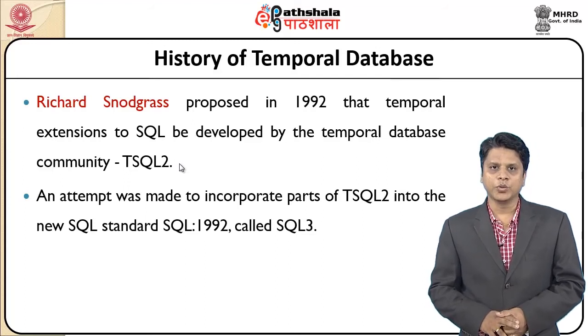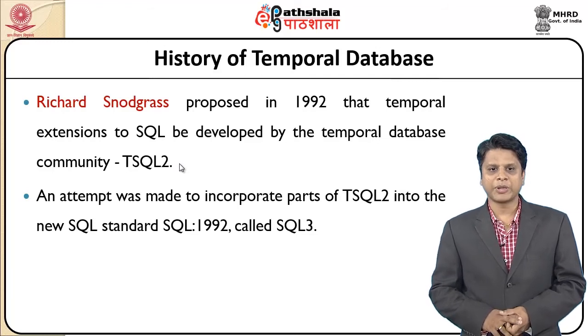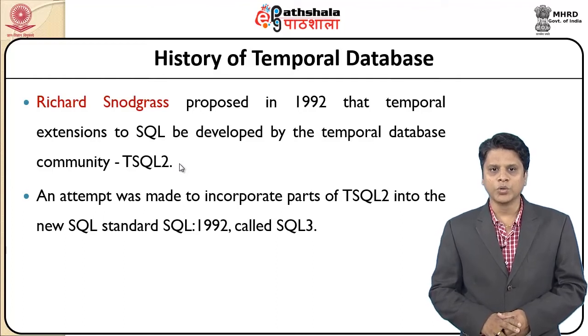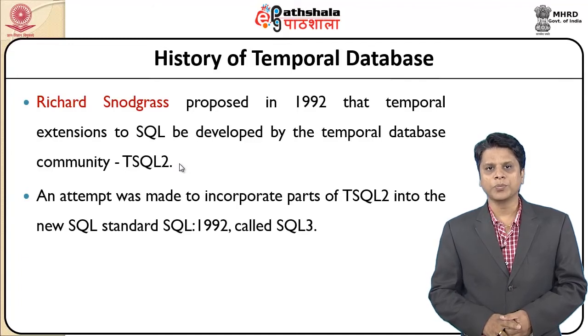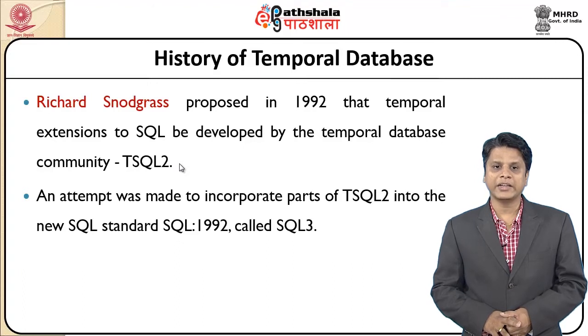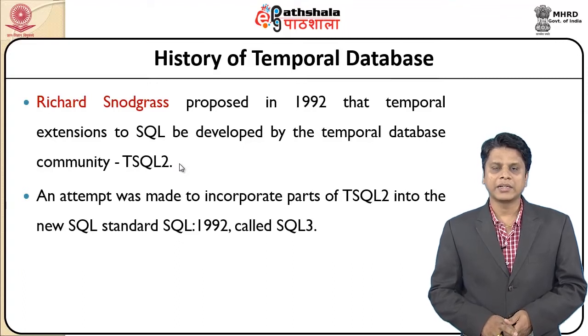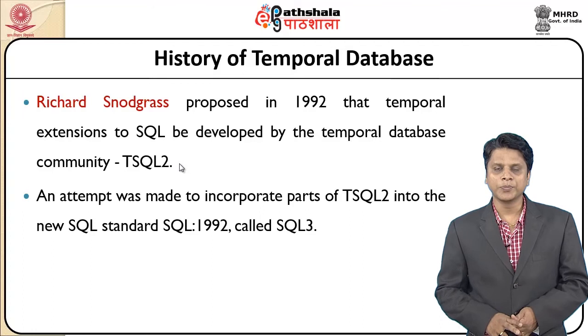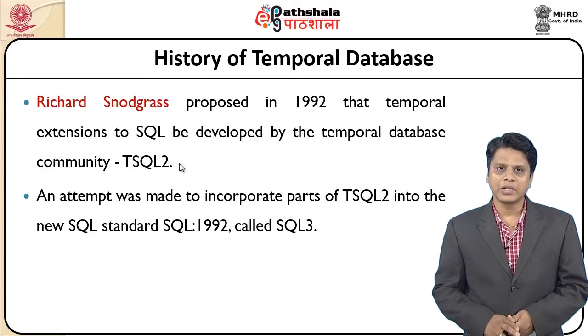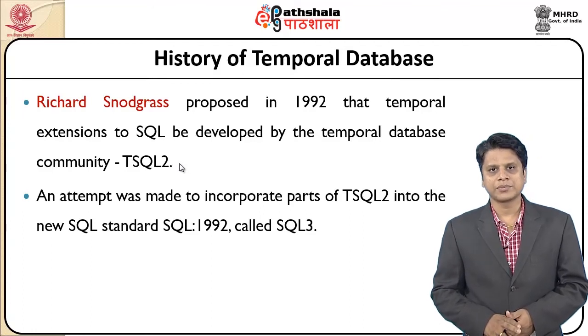During 1992, Richard Snodgrass proposed this concept of temporal extensions to SQL, to be developed by the temporal community. Later it was reviewed in the year 1992 and it was sanctioned in the year 1993, where it was said TSQL2 version 2, which carried temporal database.